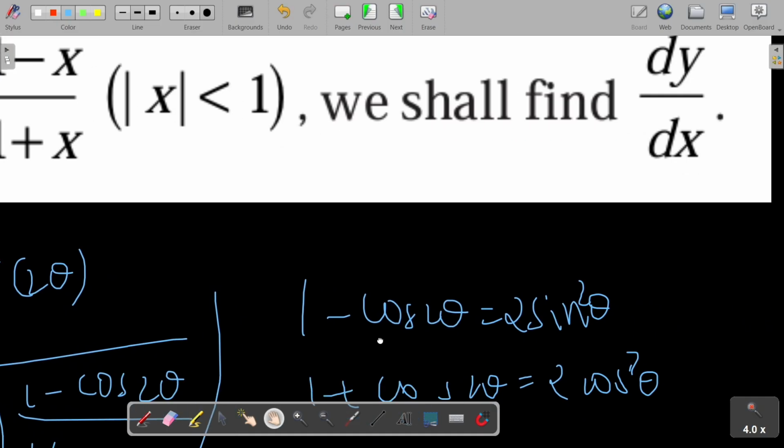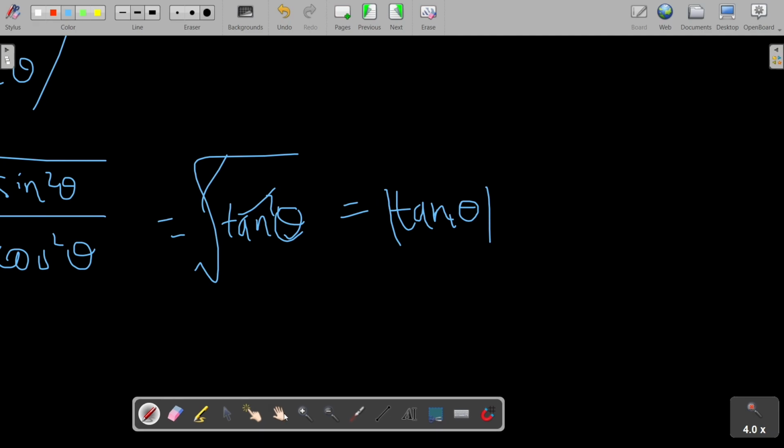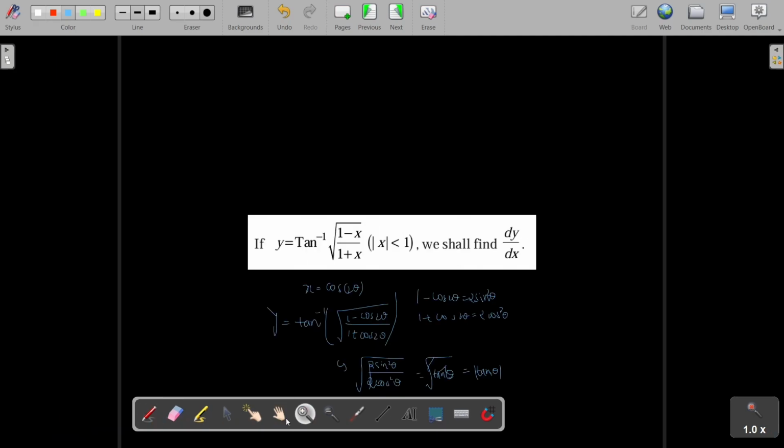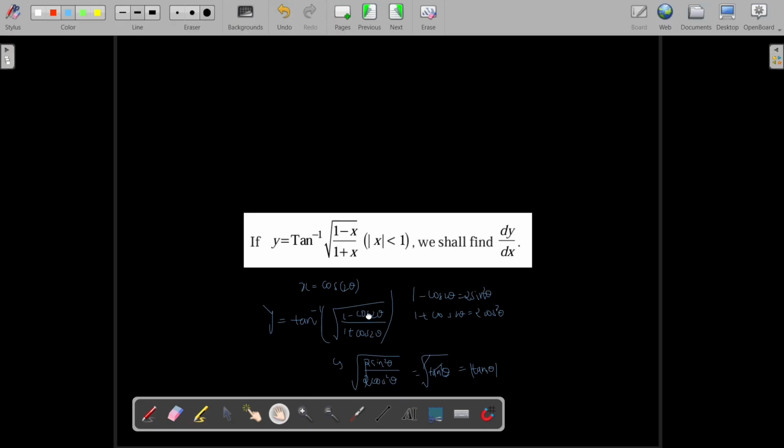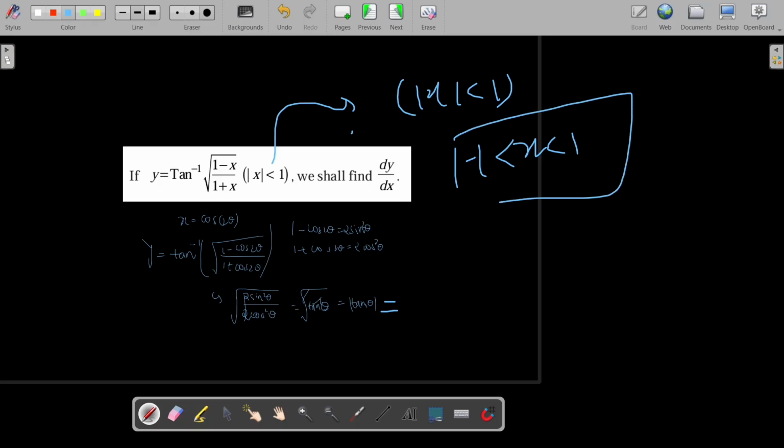I am left with modulus of tan theta, but... sorry, what is this? As mod x is less than 1, that means x is between -1 and +1.